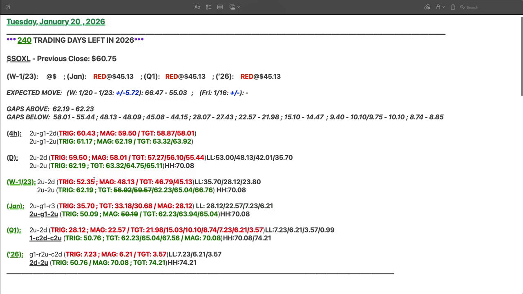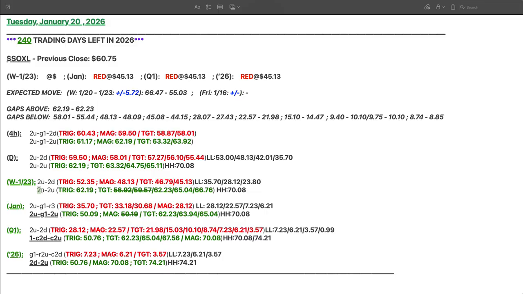So it would have built a lot of momentum at that point. So getting down to that 48.13 could be a real possibility there. 46.79 is the 50% of 2024, which has been the major support and resistance since October. So we would definitely want to keep that in mind where that is at.